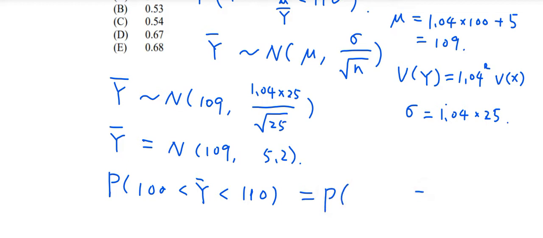Less than, so this minus 1 over 5.2, and so here is negative 9 over 5.2. So we can check the normal table.